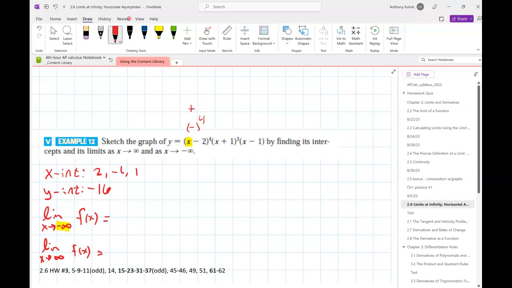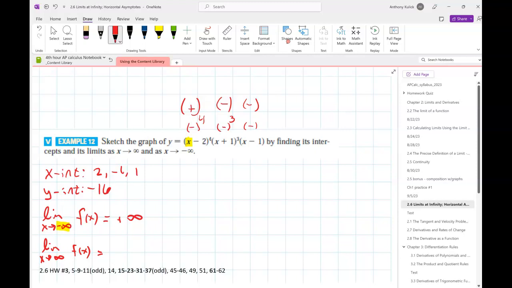A very negative number plus 1 is still negative, and then we raise it to the third power, still negative. And then a very negative number minus 1 is still negative. So I have positive, times negative, times negative, which is positive. And because this is just a gigantic number that I'm plugging in, I know we're going to infinity, right?